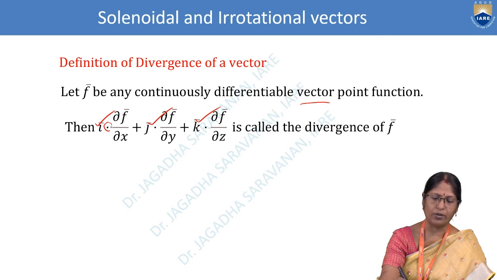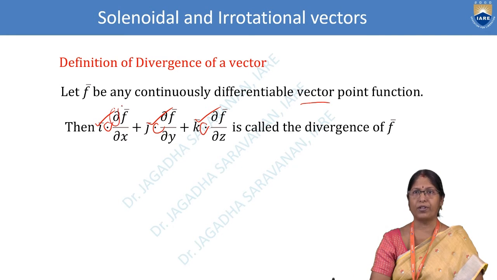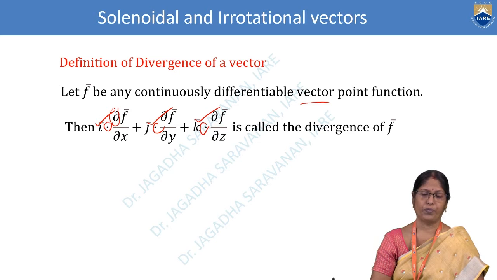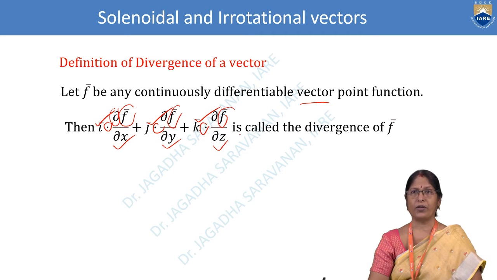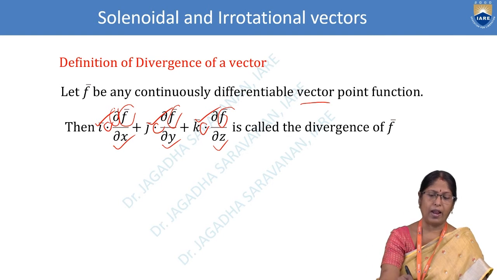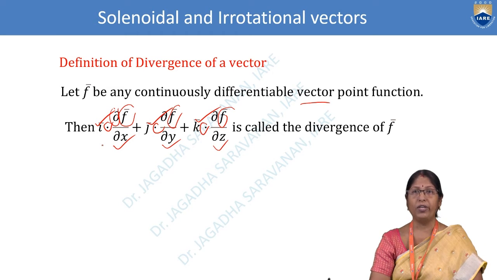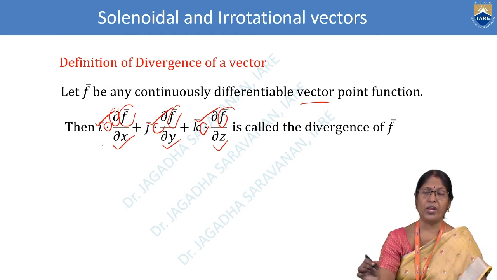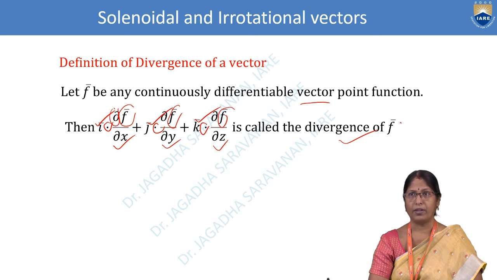Now, i dot, here this is the dot product. The dot represents partial differentiation that we are going to do. That is, the vector f with respect to x, with respect to y, and with respect to z, we will differentiate partially, and take the dot product with these mutually perpendicular unit vectors i, j, k. This is called the divergence of vector f.